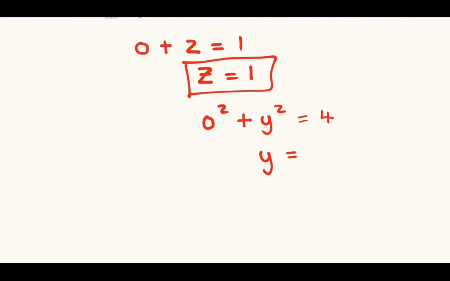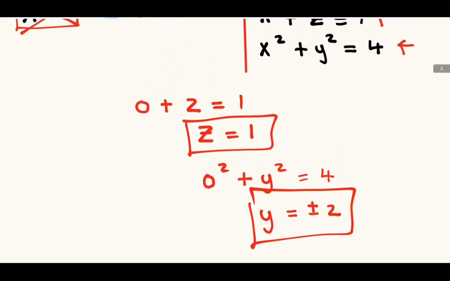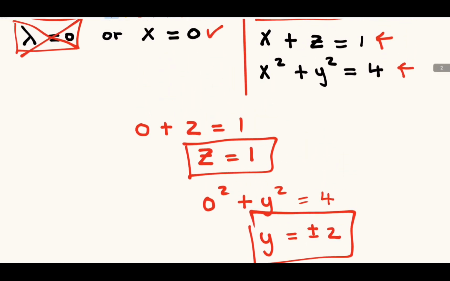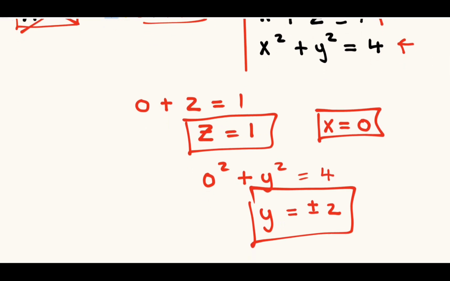So y will be equal to plus or minus the square root of 4, which is equal to 2. So y is equal to plus or minus 2. The z is equal to 1, and the x is equal to 0. We now have the coordinates where the extreme values occur.